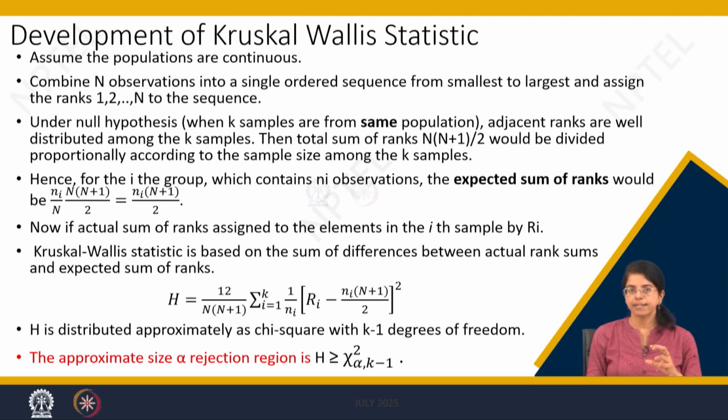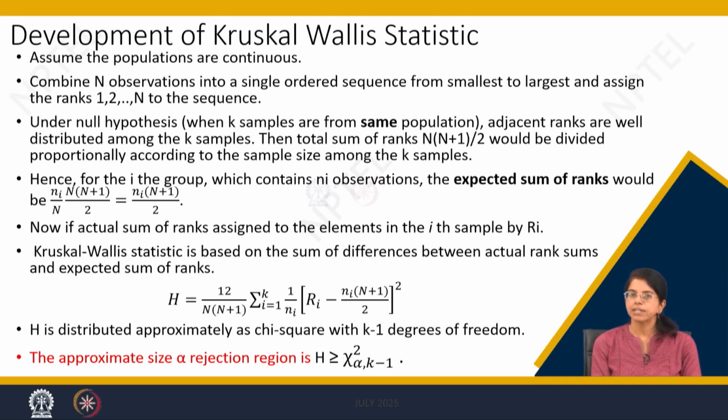So, the proportion is small ni divided by capital N. After the calculation, this comes as small ni into capital N plus 1 divided by 2, the expected sum of ranks. It is very important to note the expected sum of ranks, because we will see how it differs from the observed ranks. That is the logic behind the Kruskal-Wallis statistic.